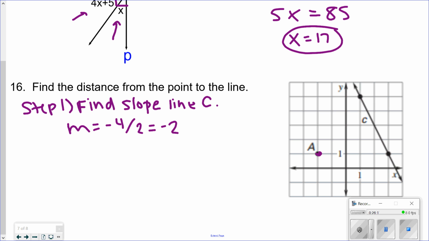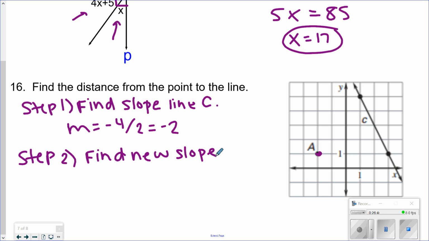To find the shortest distance from point A to line C, I need to draw a line that is perpendicular to line C. So step 2 would be to find my new slope. So if my slope of the first line was -2, my new slope then would have to be positive, and I'm going to flip my fraction around to find the reciprocal.